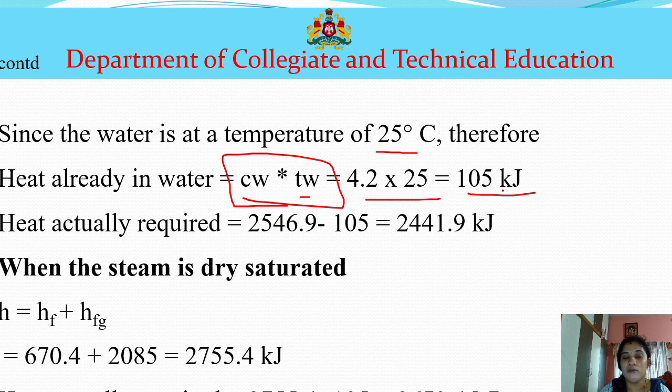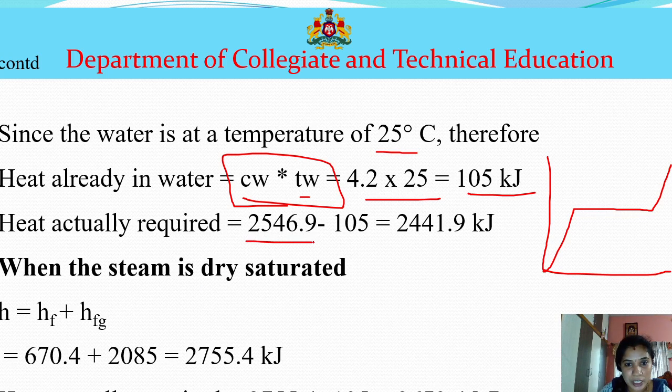So 105 kilojoules. So if I heated the water from 0 degrees Celsius, then this was the actual amount of heat required, 2546.9.